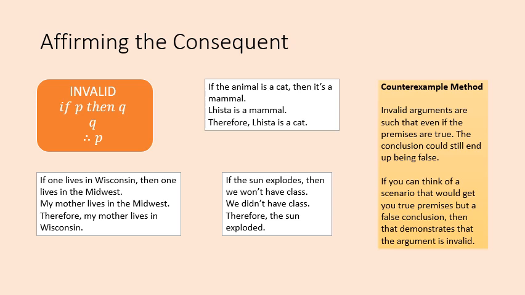That's true. Wisconsin is a Midwestern state. My mother lives in the Midwest. She lives in Illinois, so that is also a Midwestern state. And so both of those premises are true, but the conclusion is false, right? My mother does not live in Wisconsin. So it's a counterexample, right? It shows that it's possible for the premises to be true and the conclusion false, and you really just need one, right? You just need to show that it's possible to show that you don't have the guarantee.